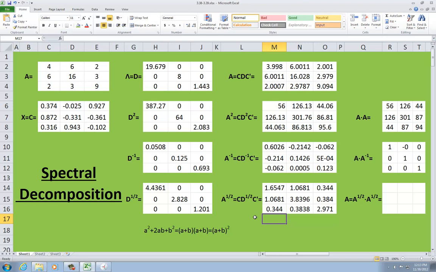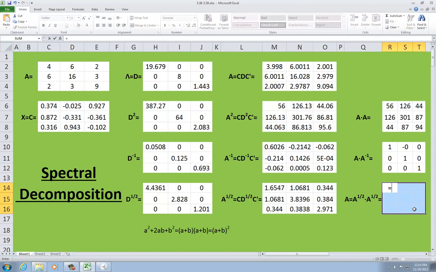The spectral square root that we just got can be checked by showing that when it's multiplied by itself, the resultant is the original A matrix. So I have that equation right here. When we multiply the square root of matrix A times the square root of matrix A, we should get the matrix A. So let's try that out.